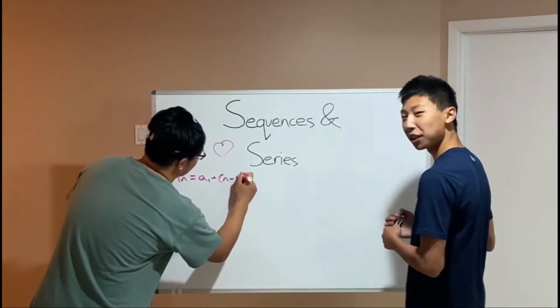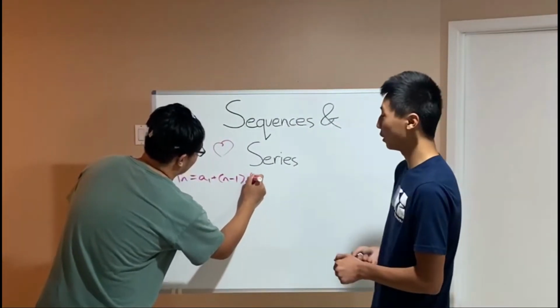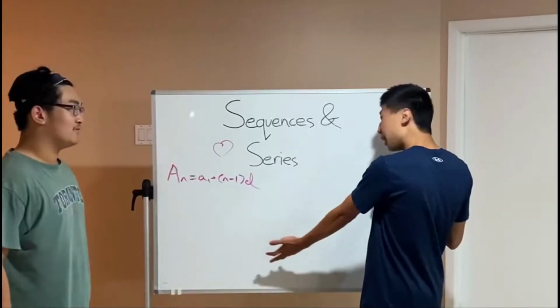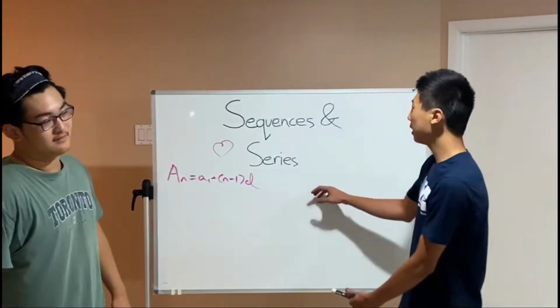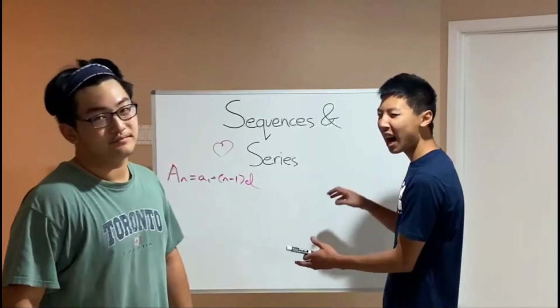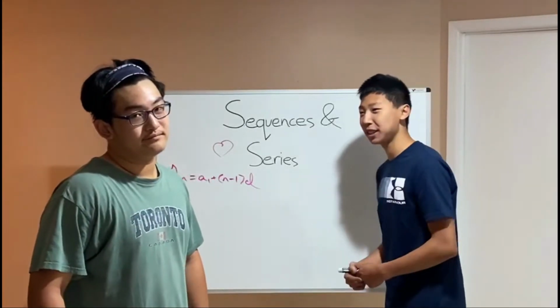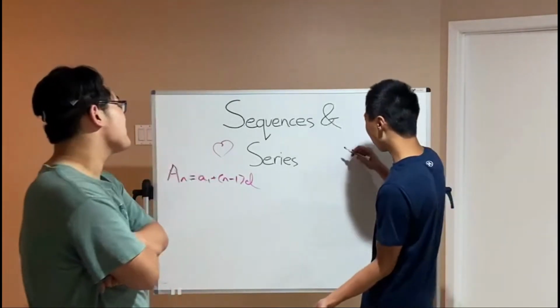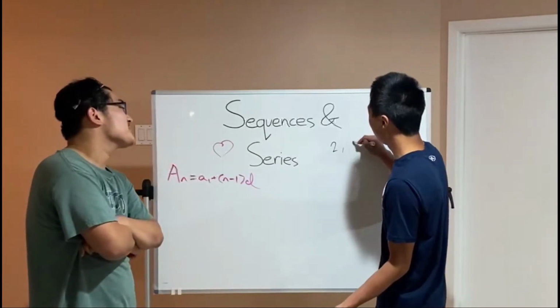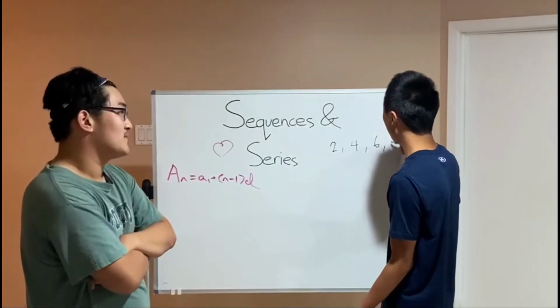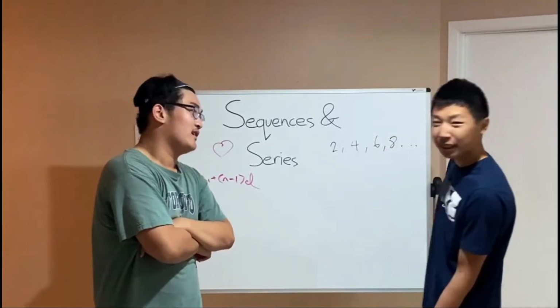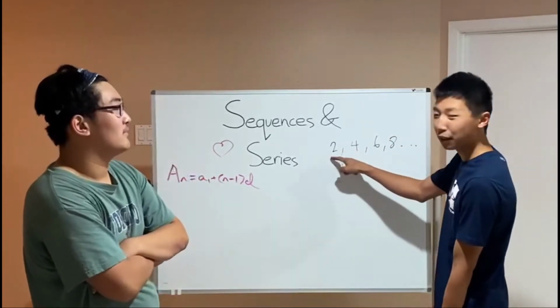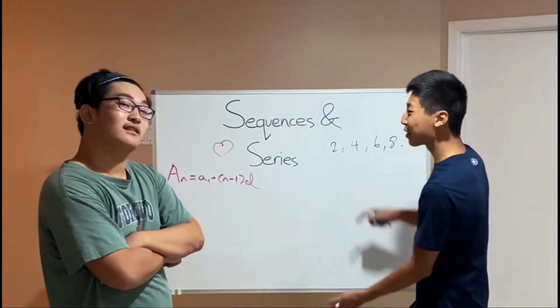So essentially, a sequence is a bunch of items in a list, and for each successive item you're adding a common difference D. So we can have a sequence 2, 4, 6, 8, and so on. And you can see that every term after the previous term is increased by 2.